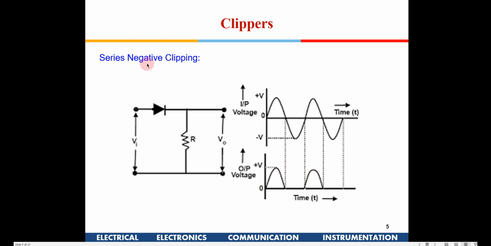Whenever the signal is going into the positive domain, you will find this diode is a closed switch, and hence the voltage is available at the output, and in the negative cycle this diode is reverse biased and nothing is available. So this is nothing but a half wave rectifier, right? This is known as negative series clipping.